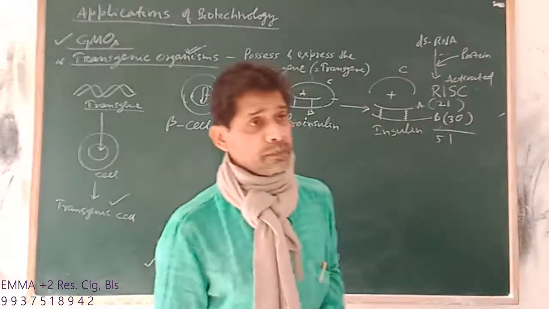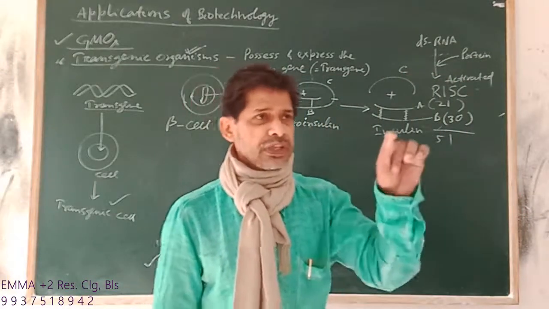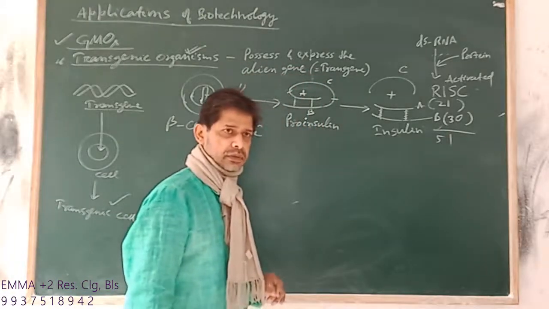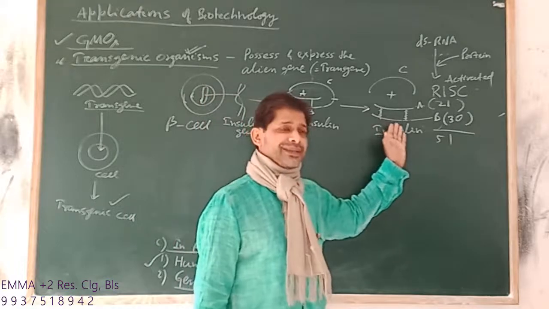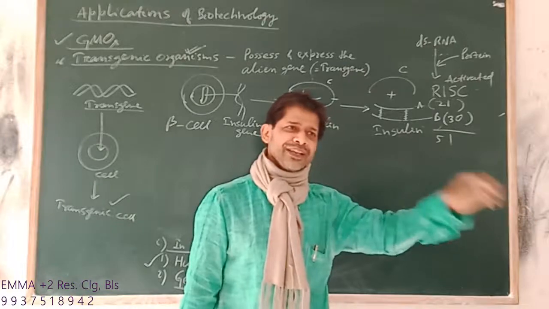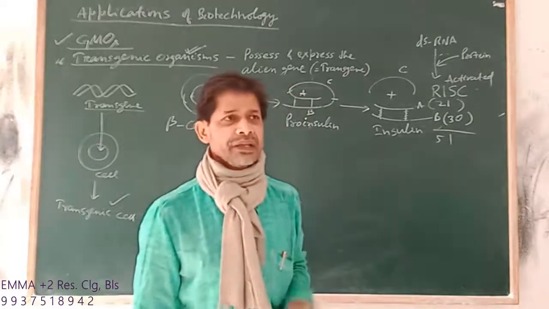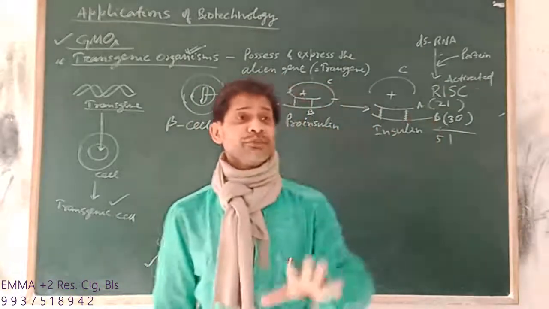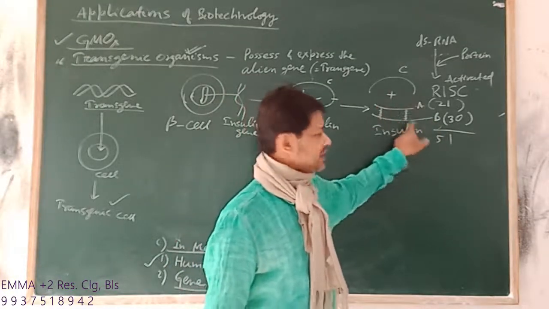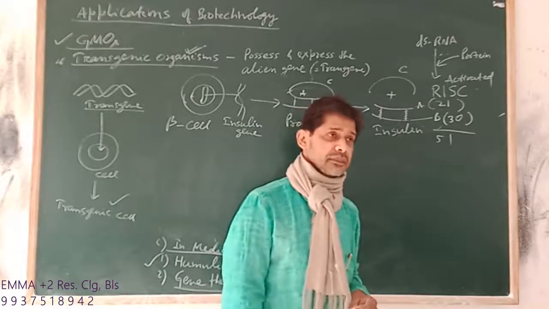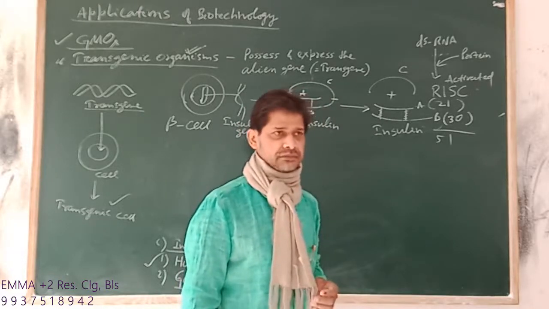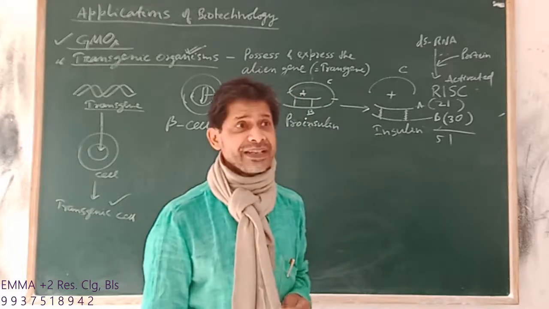So scientists compared insulin from various vertebrate animals, and interestingly, cattle insulin can work in the human body, pig insulin can work in the human body, because the sequence of amino acids is almost the same. Before genetic engineering technology, how were diabetic patients treated?